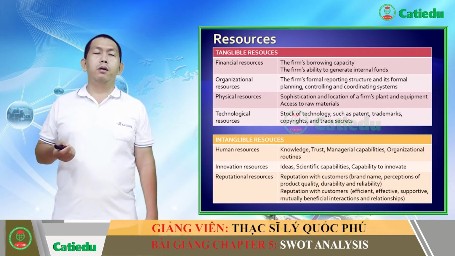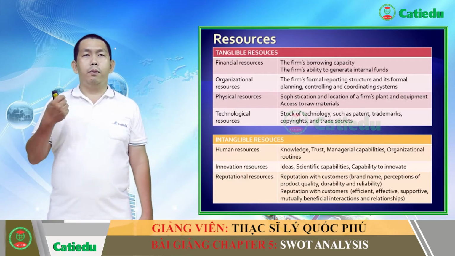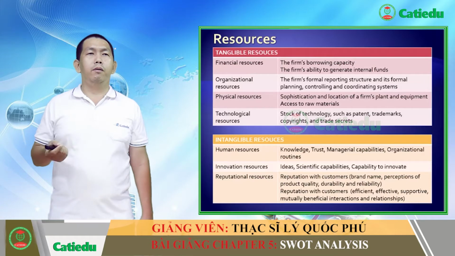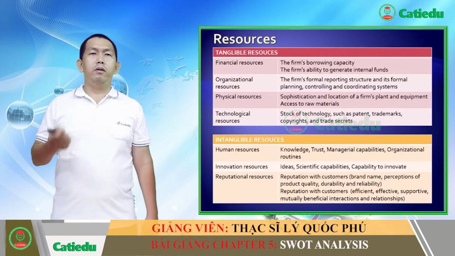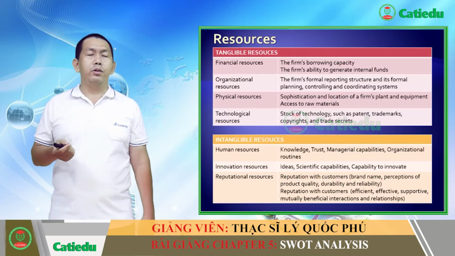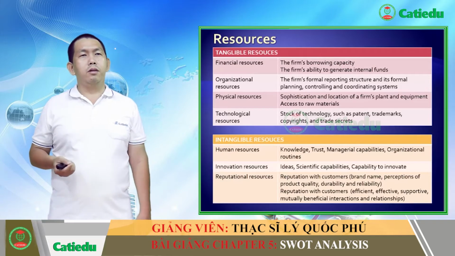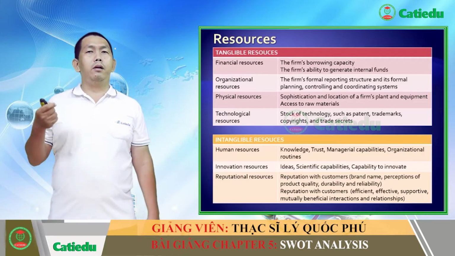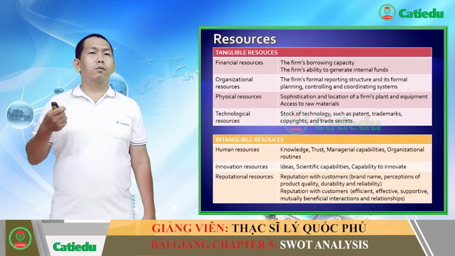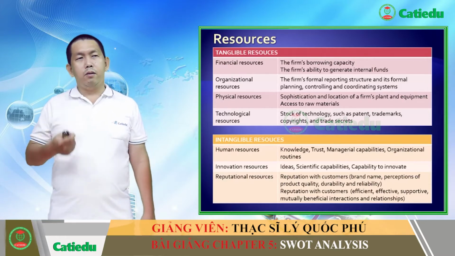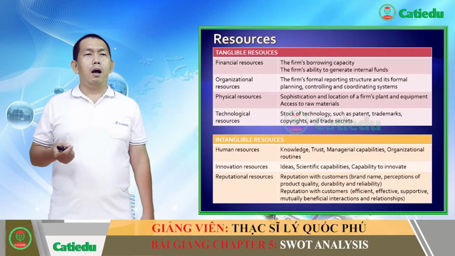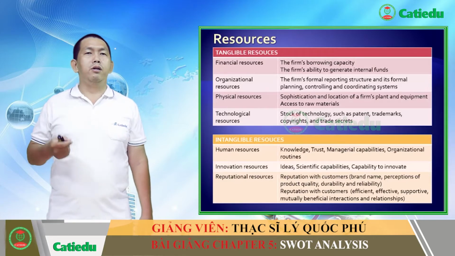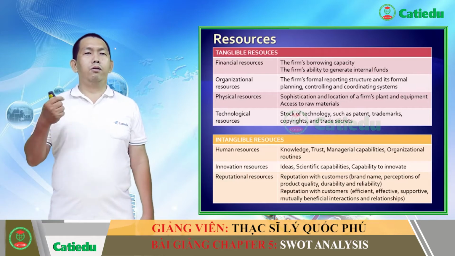Organizational resources are the firm's formal reporting structure and its formal planning, controlling, and coordinating systems. Physical resources are the sophistication and location of our firm's plants and equipment and access to raw materials. Technical resources are the stock of technology such as patents, trademarks, copyrights, and trade secrets.